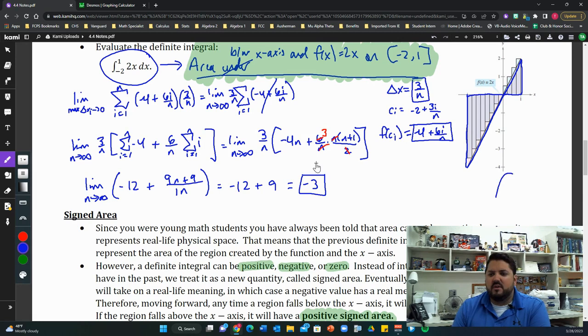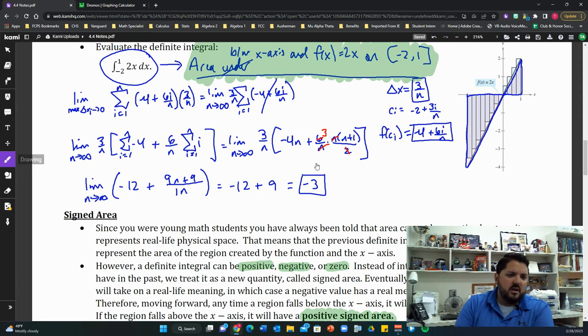So it's only when we have these crazy different curves that they are not going to create known geometric shapes all the time. But in this case, my function is a linear function. So a slanted line and then the horizontal line of the x-axis, those two things paired together will always create a triangle, or in this case, two triangles.